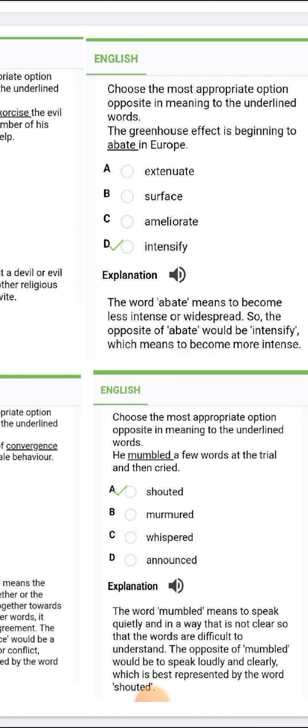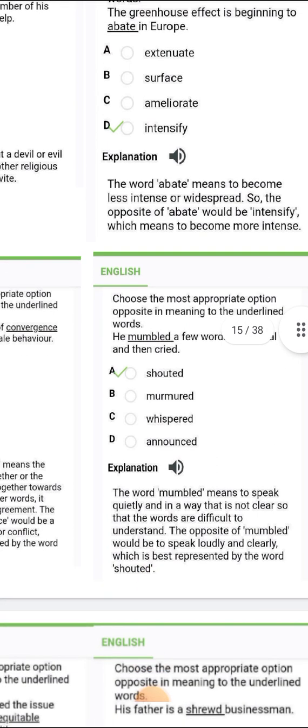So just take your time, look at these words very well, and go through them over and over again. After going through it over and over again, know the meaning. So when you go to any exam, if you see the options given to you and you see the words, you know that this is the correct option.